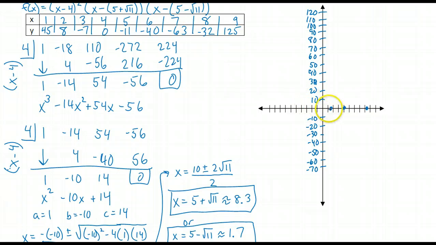So when x was 1, my output was 45. 2, I get 8. I get -7.